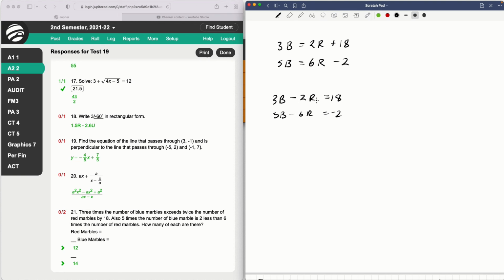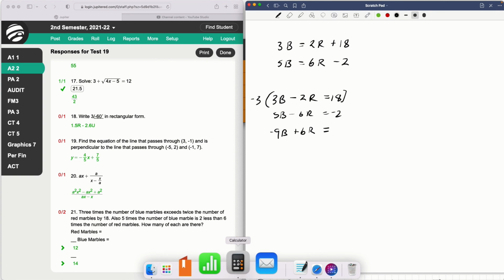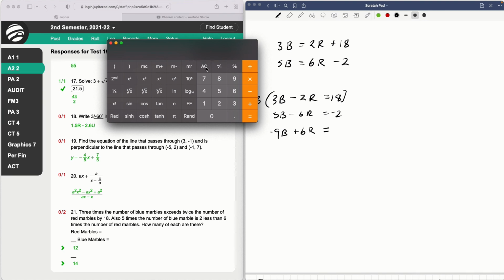So that's going to be negative 9b plus 6r equals, I need my calculator because this is the last one and my brain's tired. 18 times 3, 54, is going to be negative 54.